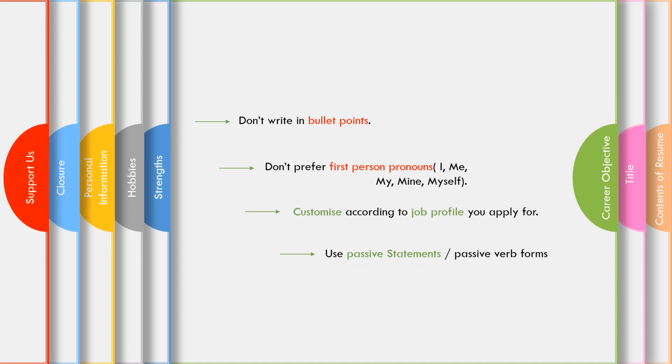Try to avoid them to the maximum possible extent. And the next one is, customize your career objective according to the job profile you apply for. And the last suggestion is, use passive statements or passive verb forms to sound professional, as passive verbs are more formal and polite.